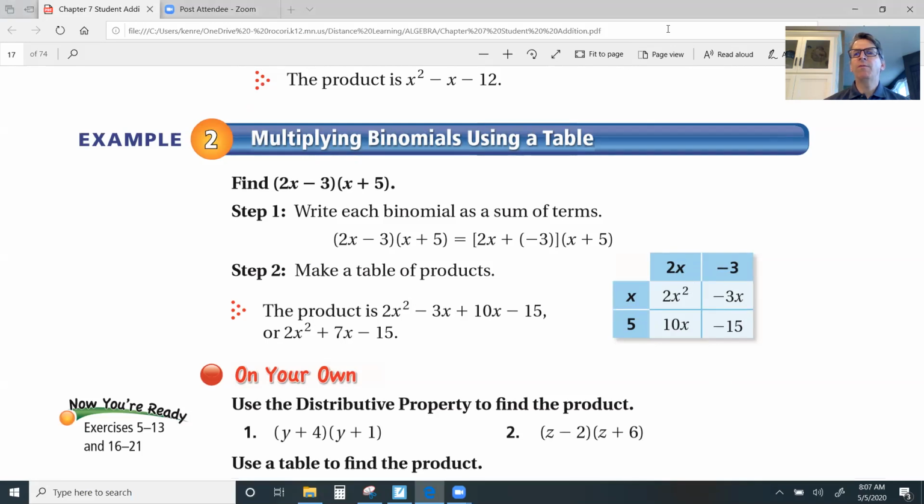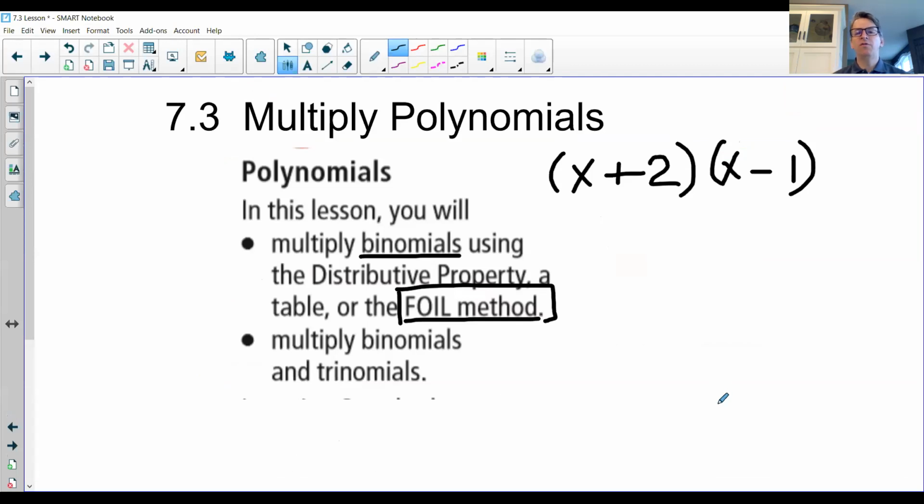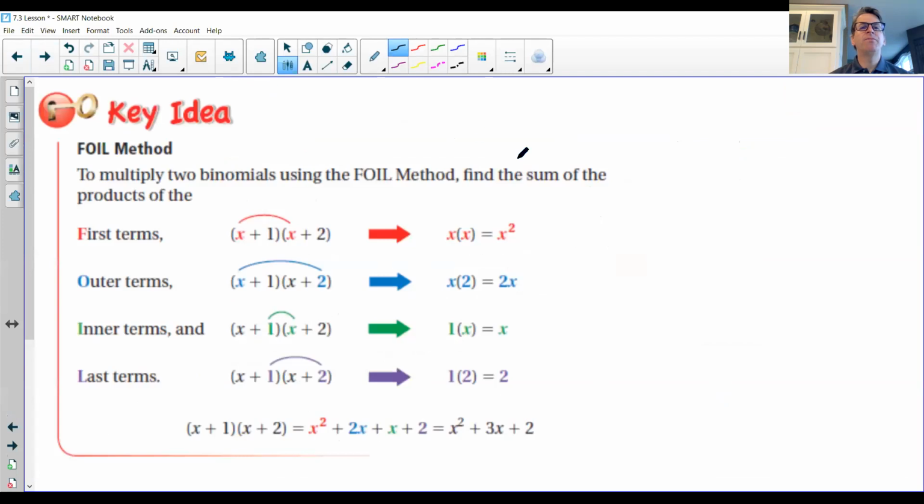The main part of this lesson today, folks, is using a method called FOIL, okay? FOIL is a method where each letter stands for a step of multiplication. The F stands for first terms.